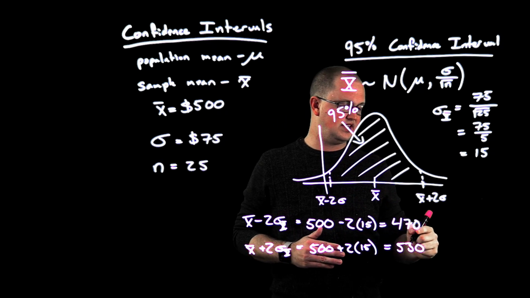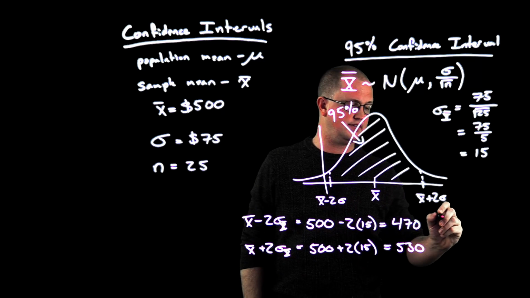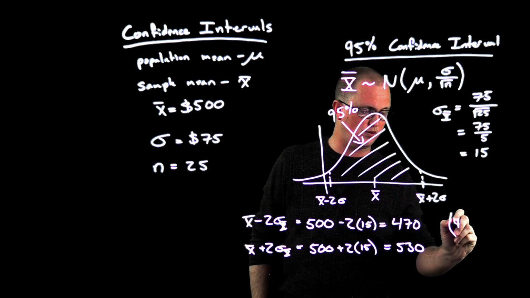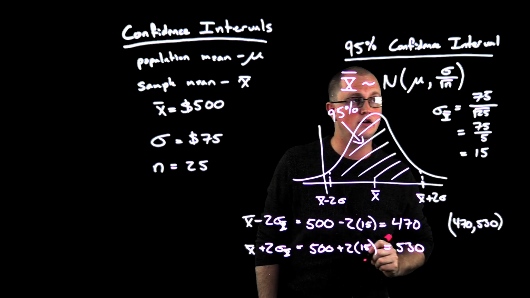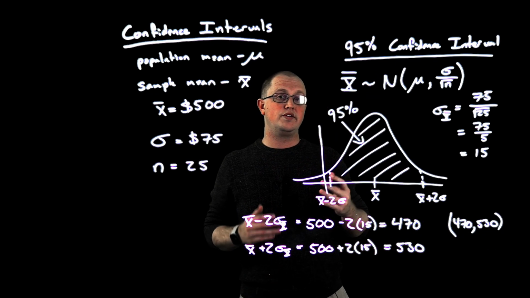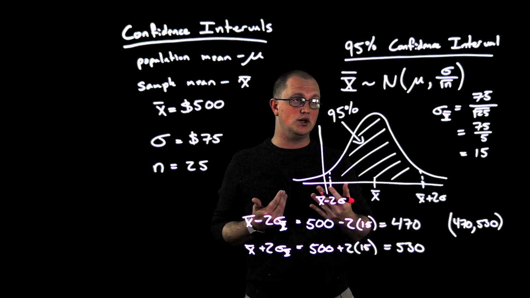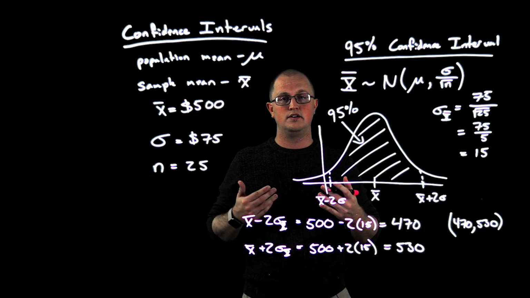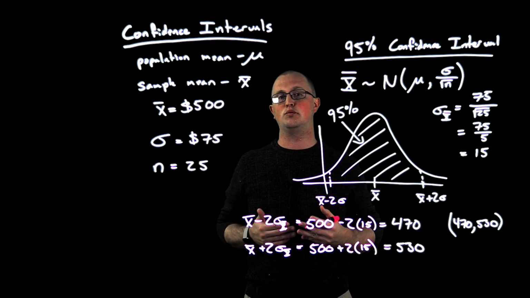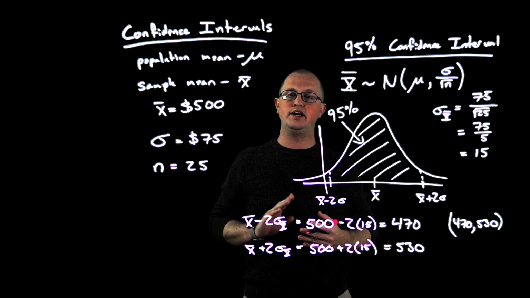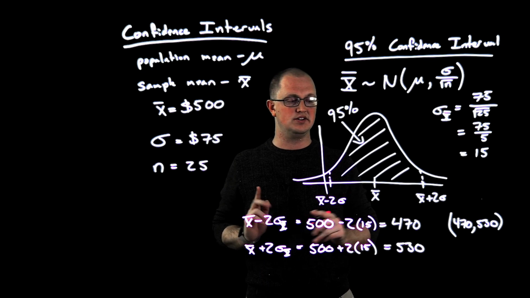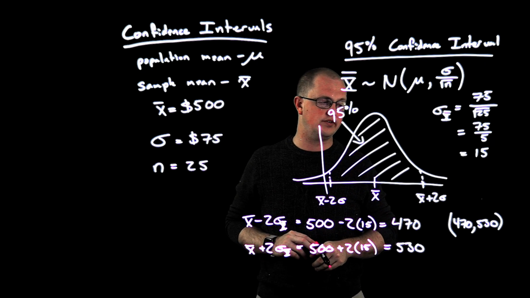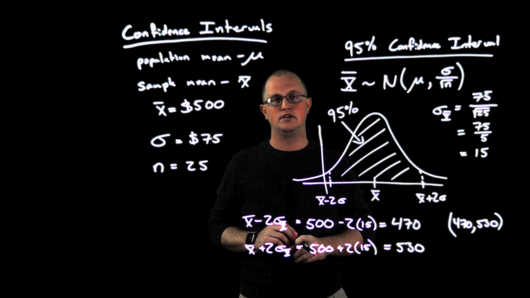So what that says is our 95% confidence interval is the interval from 470 to 530. And what that means is we still don't know what the actual average cost of an apartment is, but we're 95% sure that the actual cost is somewhere between 470 and 530.